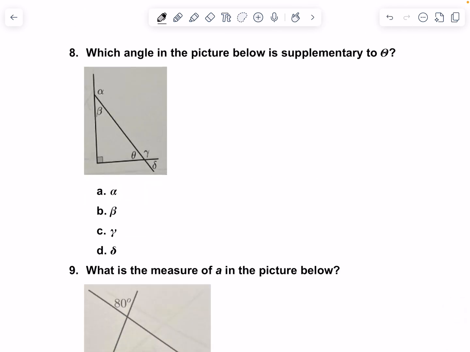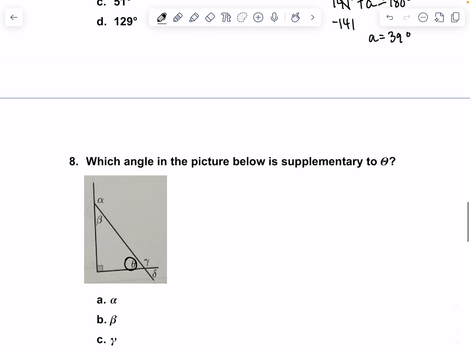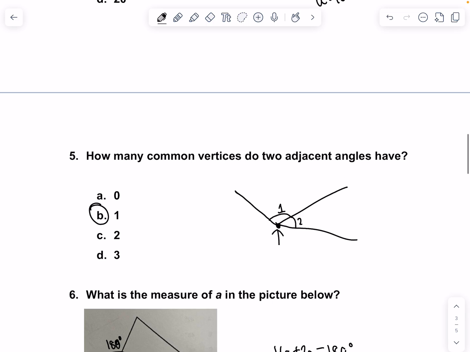Number 8 says, which angle in the picture below is supplementary to this? Supplementary means that the two angles add up to 180 degrees.